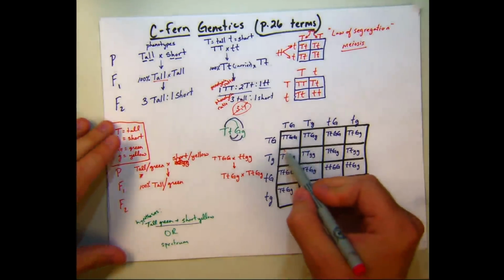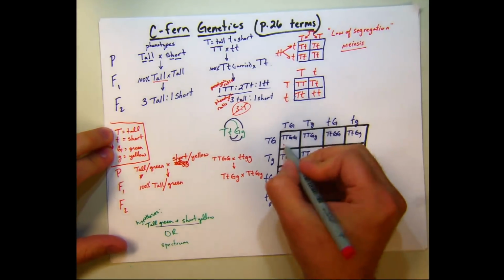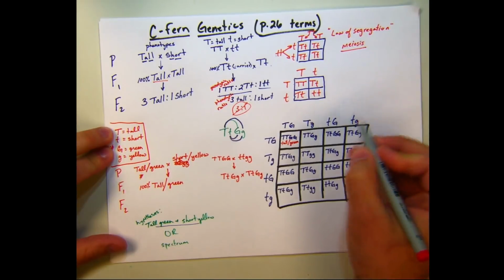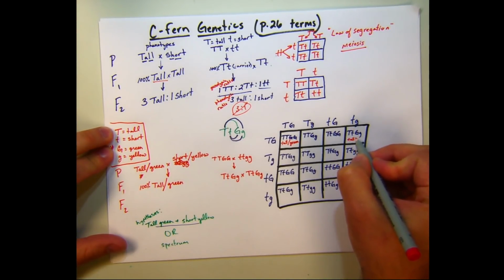If you can look at this, you know the legend over here. Looking at this, you know that's a tall plant with green peas. For example, even over here, it's a tall plant with green peas.